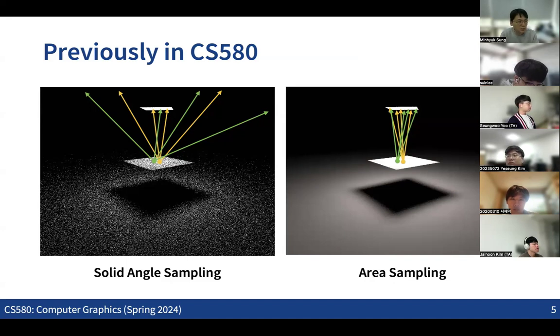While the limitation of taking samples over the solid angle was that many of the rays will not hit the light source, which means that those rays will not contribute to the computation of the reflection. So that's why we can get a better convergence rate with the area sampling on the right-hand side, while we have higher variance in the solid angle samples because in many cases the rays are not hitting the area of the light source.